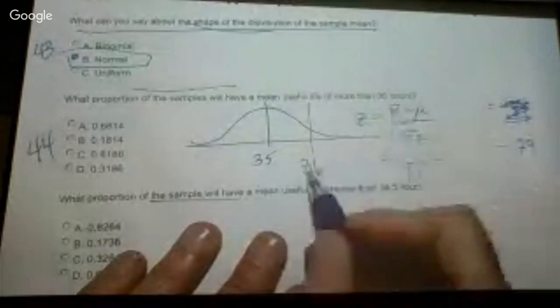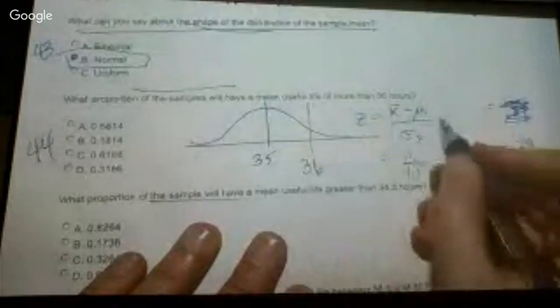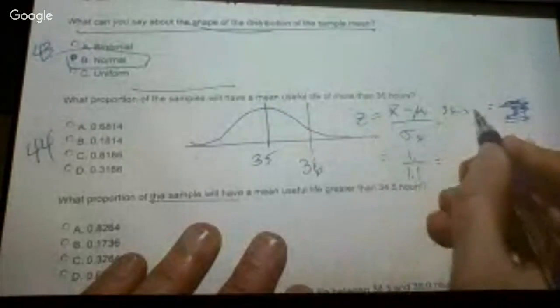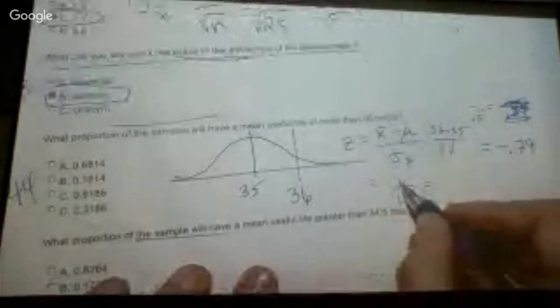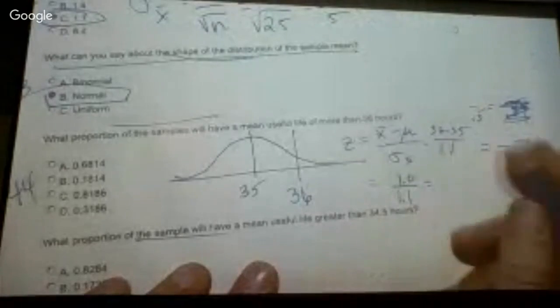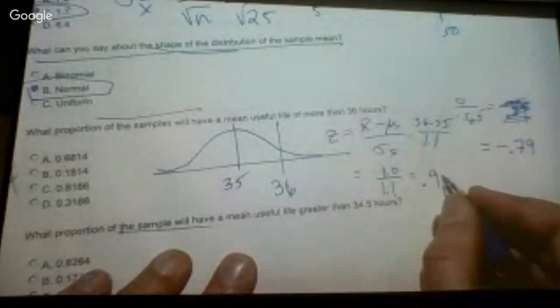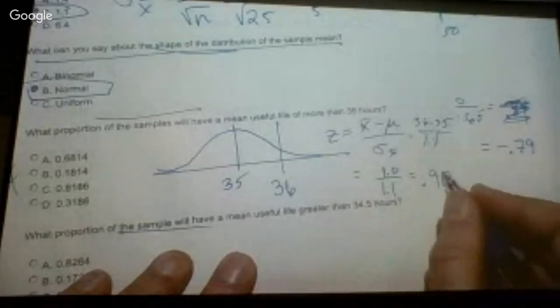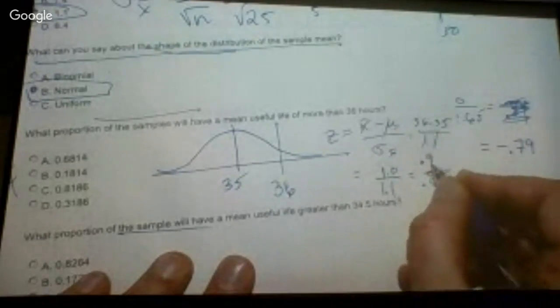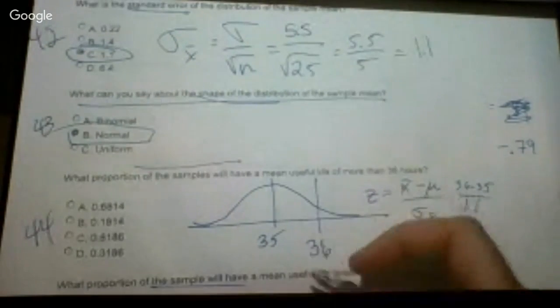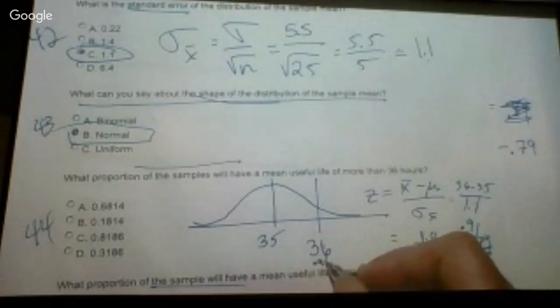Because the mean is 35. 36 minus 35, over the standard error, 1.1. 1.0 over 1.1, something like 0.9. 0.90909090909, should go to 1. So we got a z-score that's almost 1.